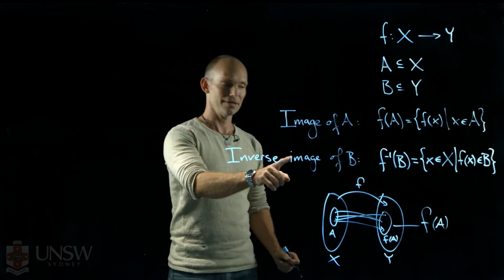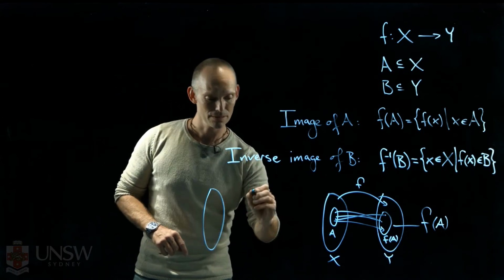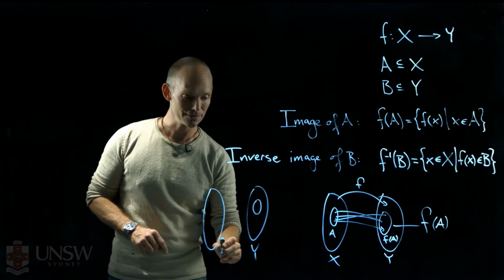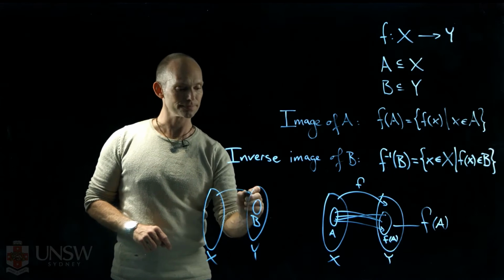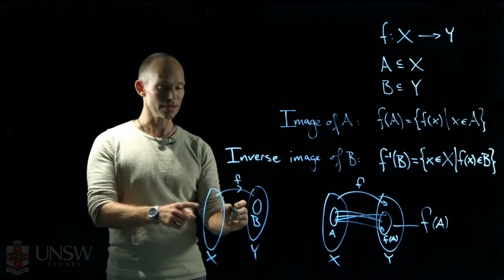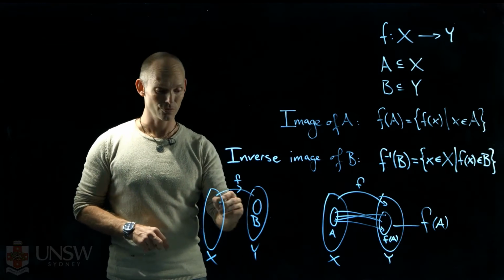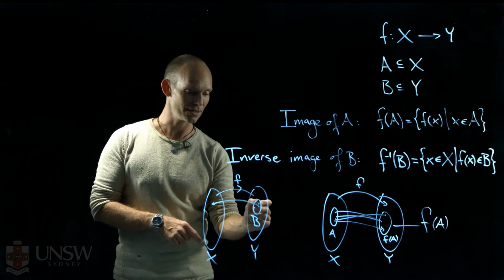And for the inverse image, we have this situation here, where we look at a subset of the codomain. So let's call that B. And here is f again, we're asking which elements hit this, which little x's hit the function values in here.